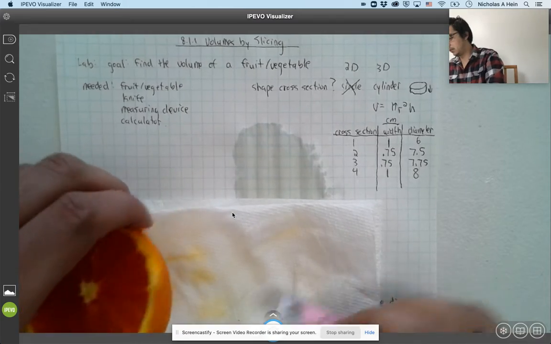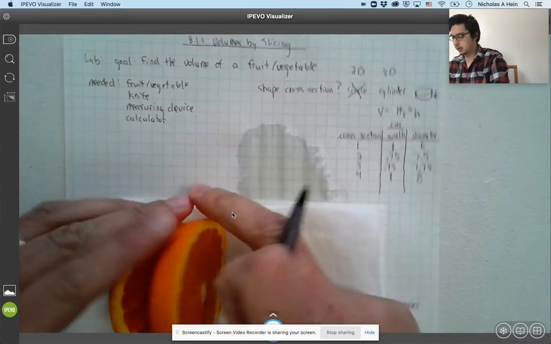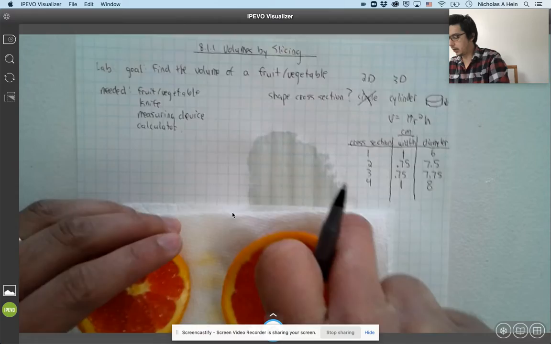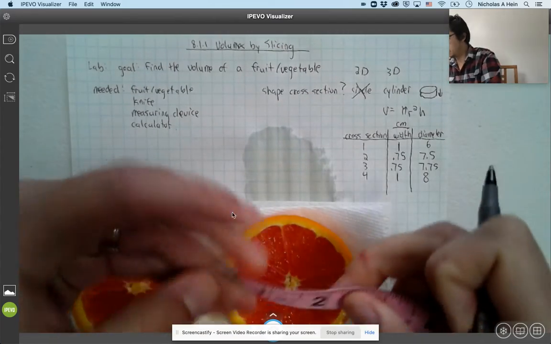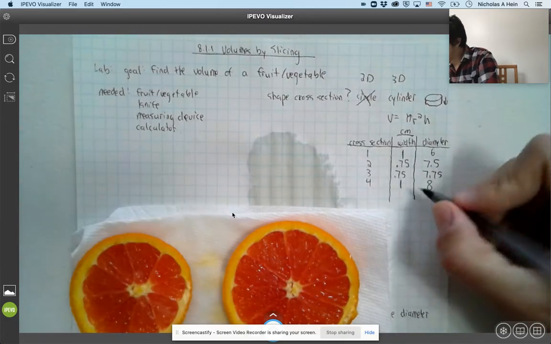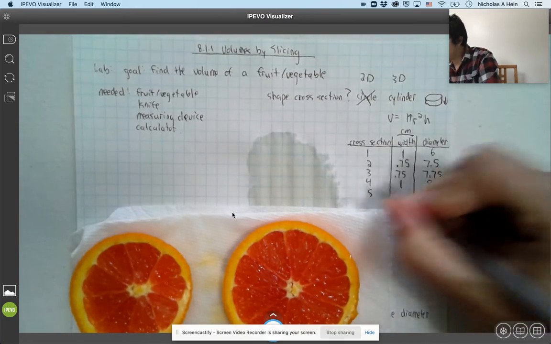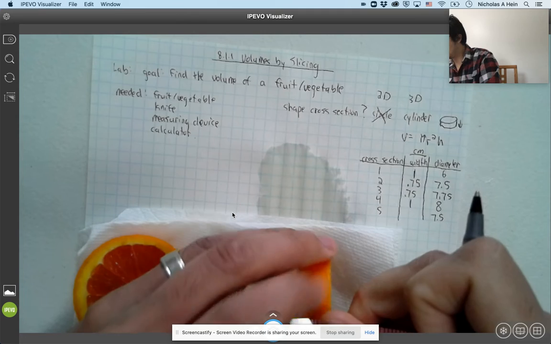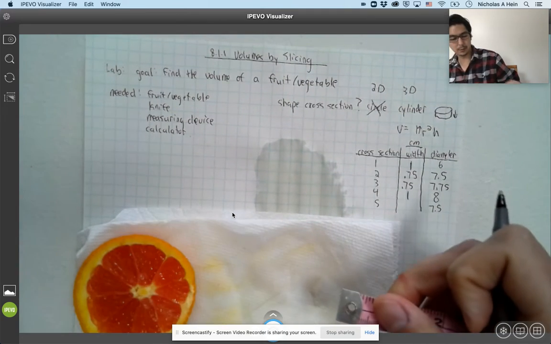This next one, I don't want to do it in inches, stay consistent, is 7.5 with a width of 1. Yeah, that's a width of 1.